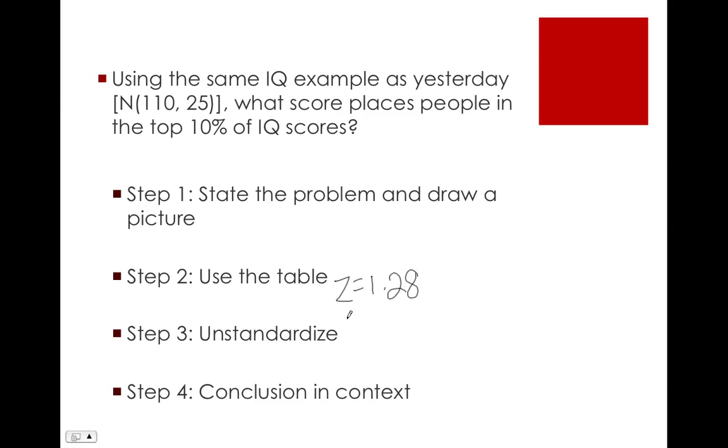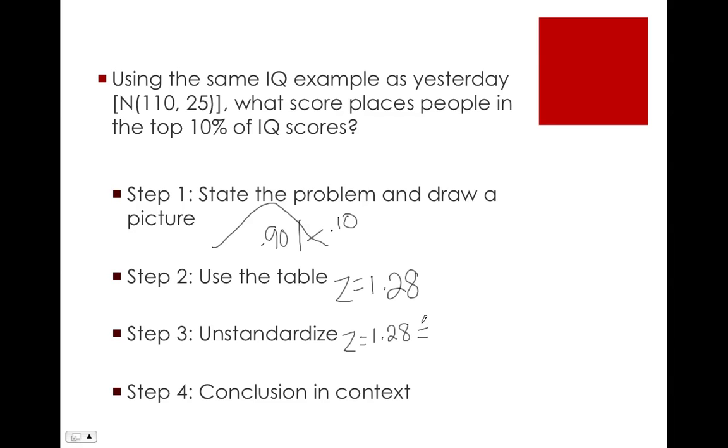Now remember, this isn't a percentage. The percentage that we found was 90%. That was given to us in the problem, okay? This represents a z-score. Someone who has the top 10% of IQ scores is at least 1.28 standard deviations above the mean. So I'm going to unstandardize. I'm going to go from a z-score back to a value.